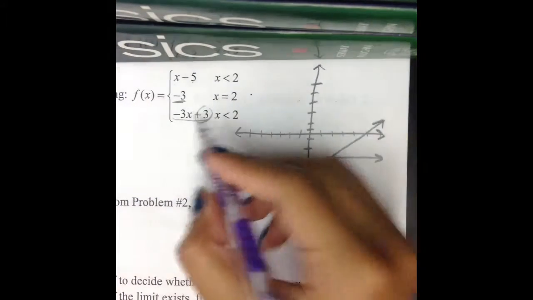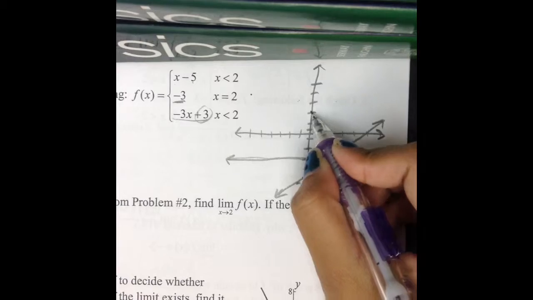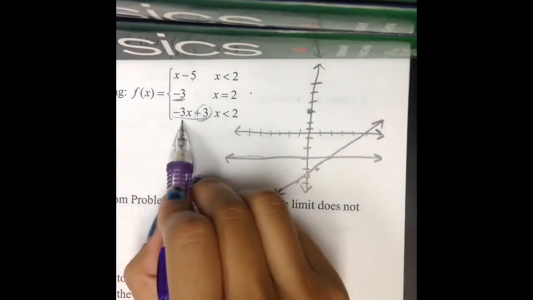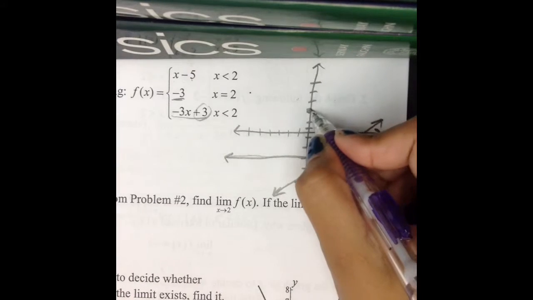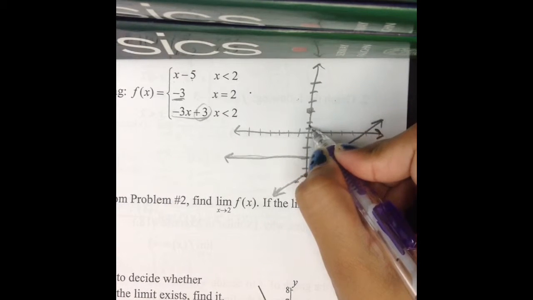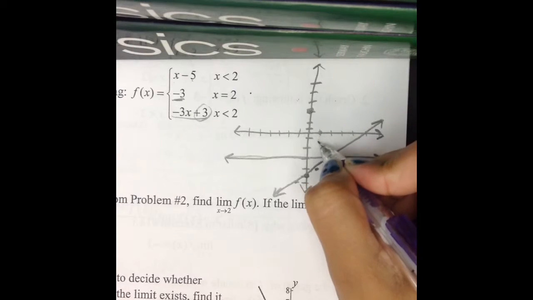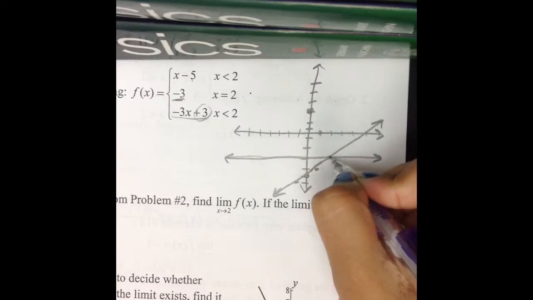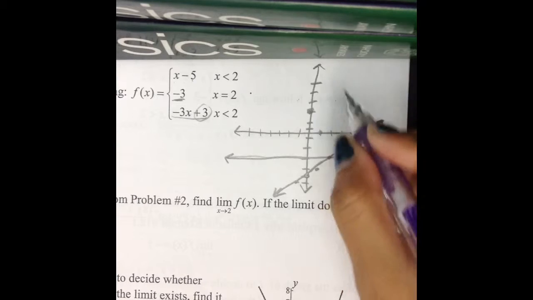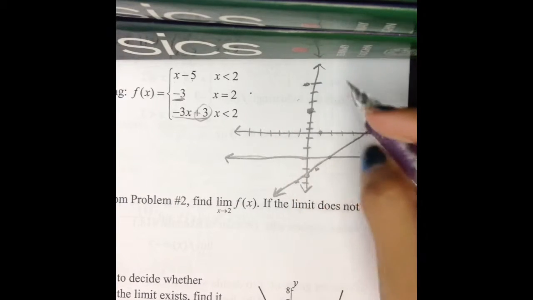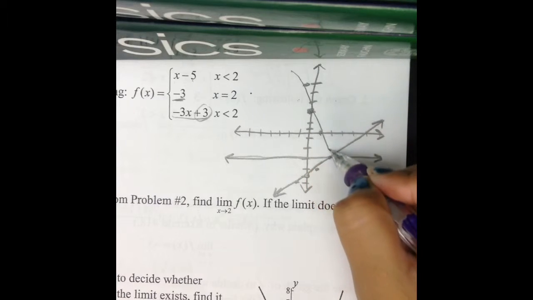So 1, 2, 3, draw a point there. And then you have a slope of negative 3. So you go down 3, and to the right 1, down 3 and right 1, then up 3 and to the left 1, and you would get a line.